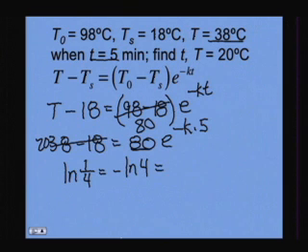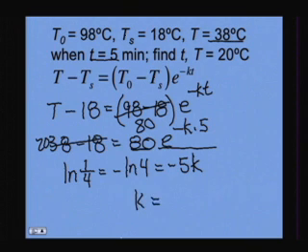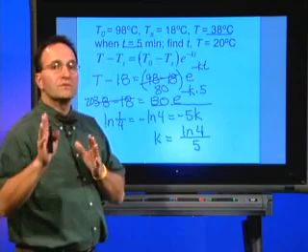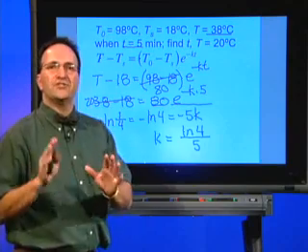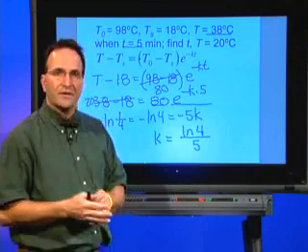And when I take the natural log of this side, then the base cancels out with the e, and we get negative 5k. So now to find k, I simply divide both sides by negative 5, which gives me the log of 1/4 divided by 5. So that was the first part of this problem, just calculating the value of k.